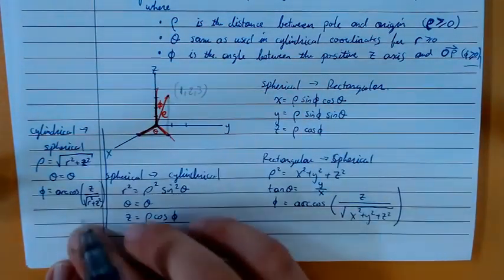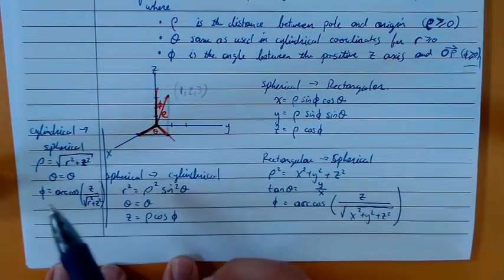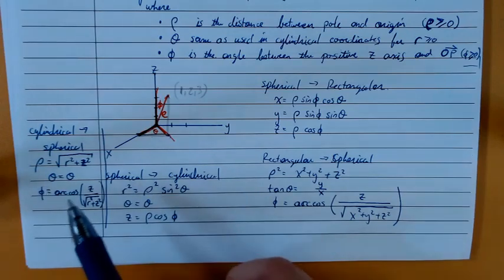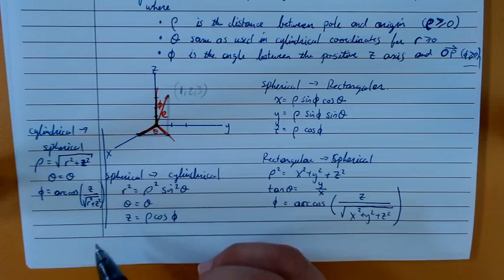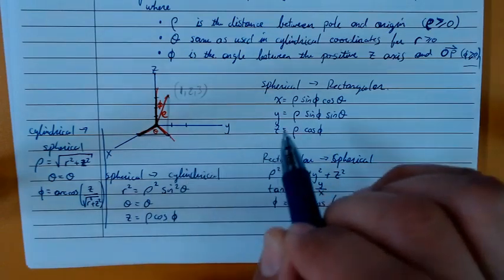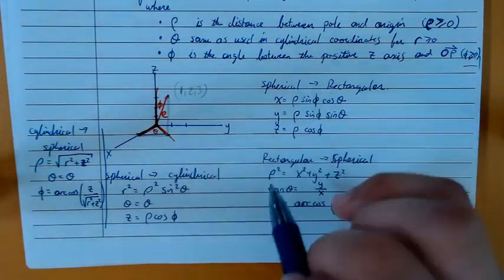We don't see these used very much. We don't often have reasons to jump, at least in this class, between spherical and cylindrical or cylindrical to spherical, but should that need ever arise, that's how you would do it. But for the most part, we're going to jump back and forth between rectangular and one of the others.